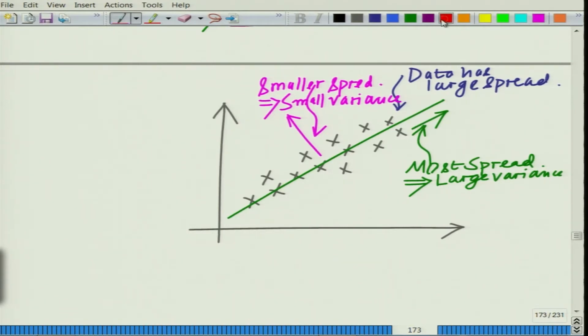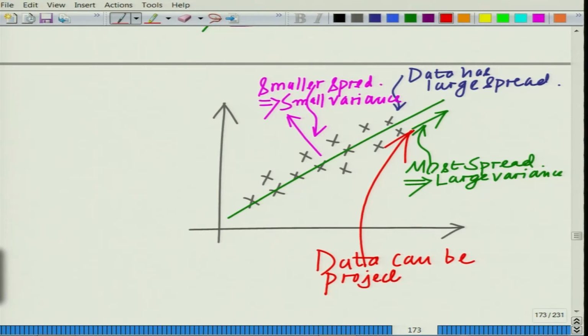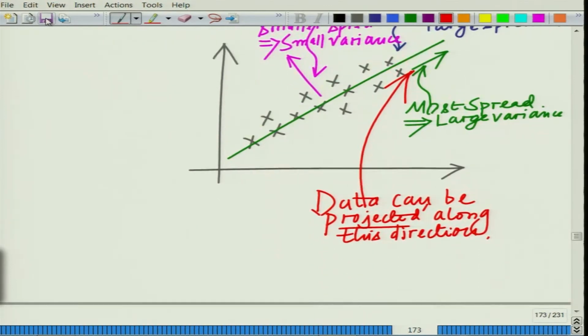So, essentially the data can be projected along this direction, right. The data can be projected along this direction.